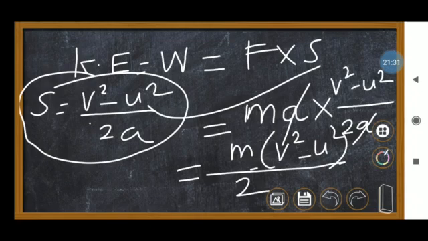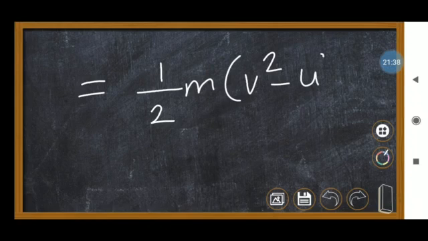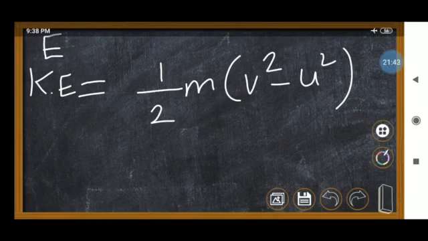Let me rewrite this: half into m into v square minus u square. This is called kinetic energy, KE, or we can write E subscript k.